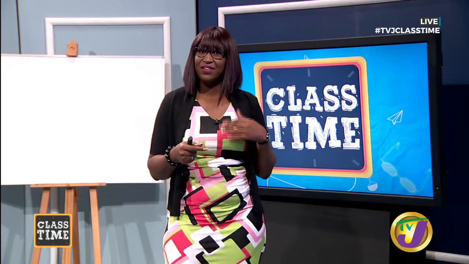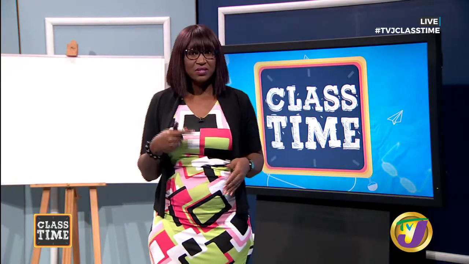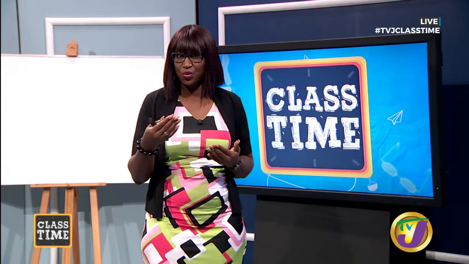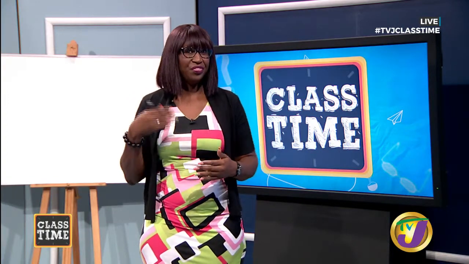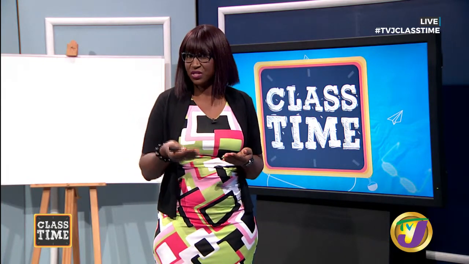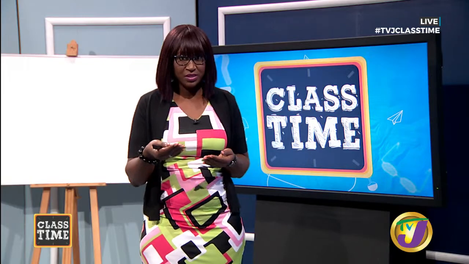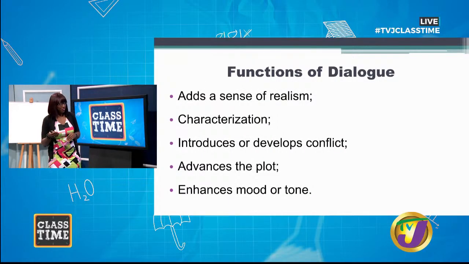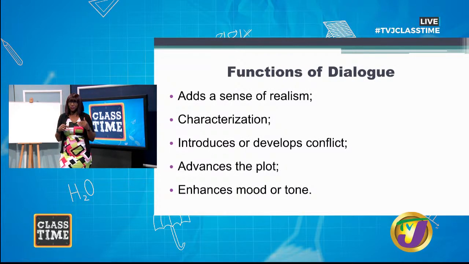And of course, it can advance the plot. Your characters can talk about or think aloud of the things that they plan to do or should do or think they might do. So it can give us an idea of what is coming up next in the plot. And later on, we'll see how that can be used again in a different method. And of course, it can enhance the mood or the tone.